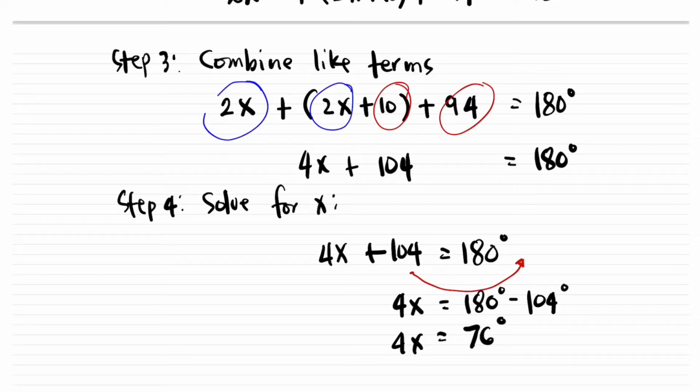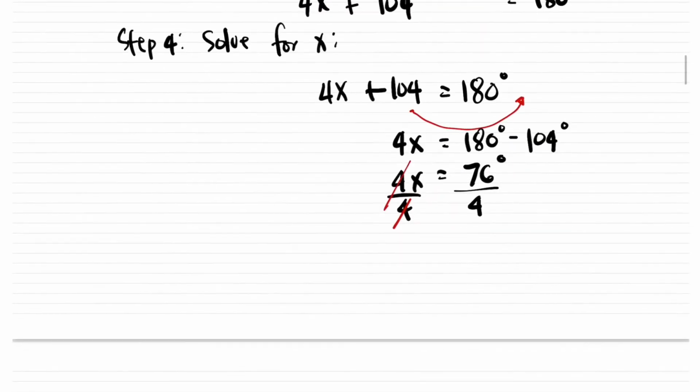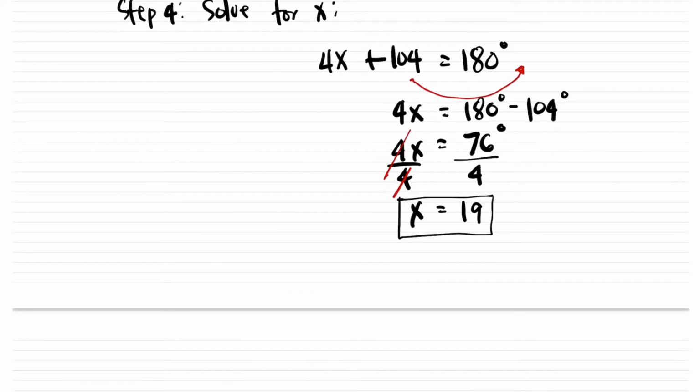Then we divide both sides by 4 to solve for x. Then we cancel 4, so x is now equal to 19. This is the value of our x. But we're not done there, because it says determine the angles.